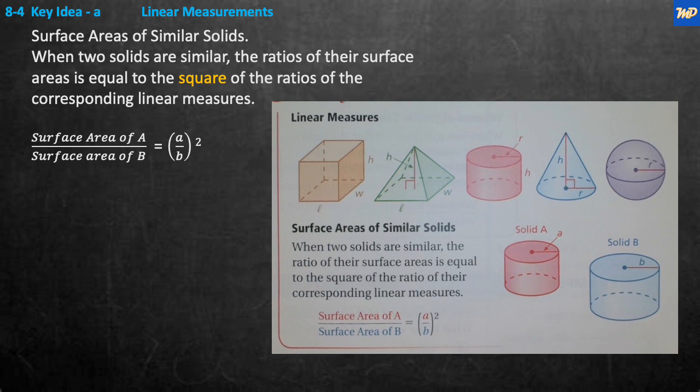When two solids are similar, the ratio of their surface areas, that would be the area of A over the area of B, is equal to the ratio of the corresponding linear measurements that you know, squared.